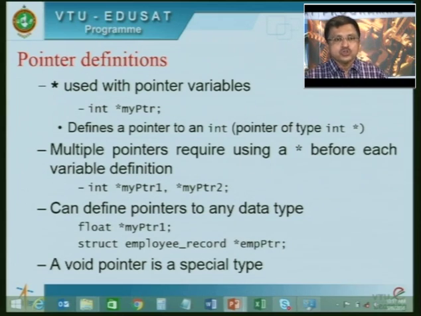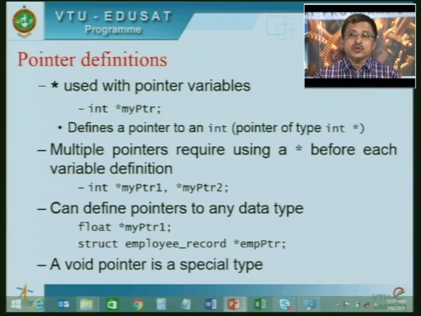You can define pointers to any data type. For example, if I say float *my_pointer1, it declares my_pointer1 as a variable name which now points to a floating point number. That is very important.